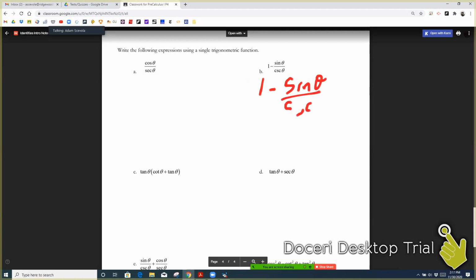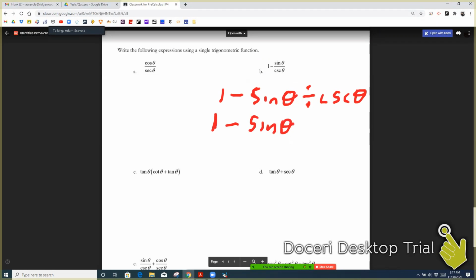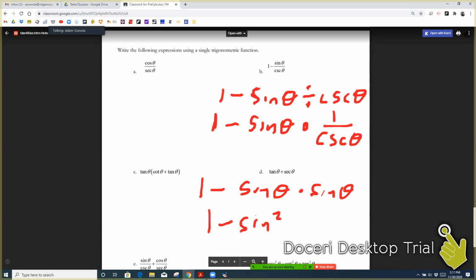I just rewrote what it was. So this is the same thing as 1 minus the sine of theta divided by cosecant, which is the same thing as 1 minus the sine of theta times the reciprocal of cosecant, which is sine. So this becomes 1 minus the sine of theta times the sine of theta, which is 1 minus sine squared.